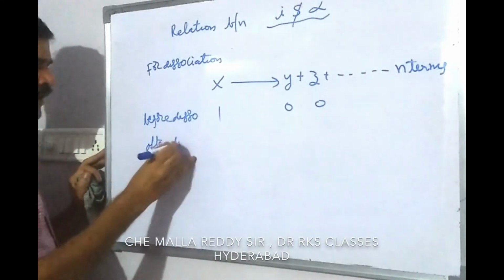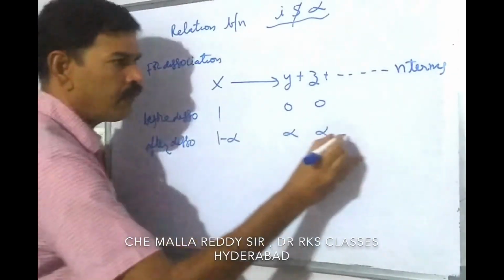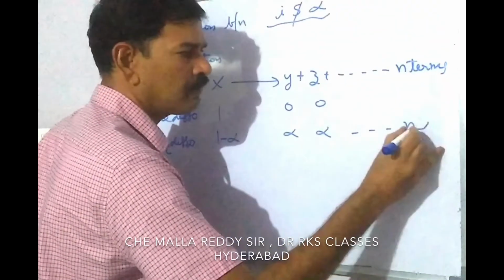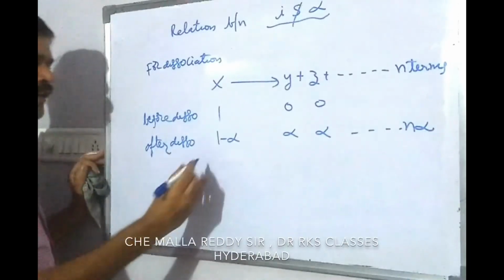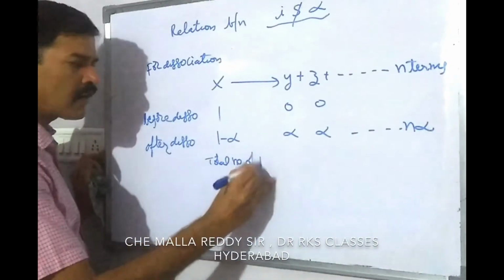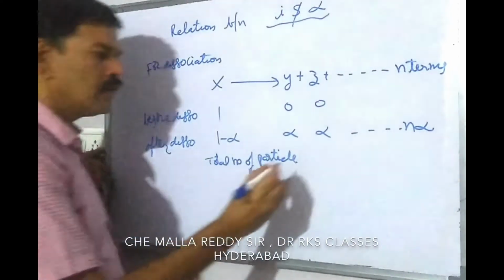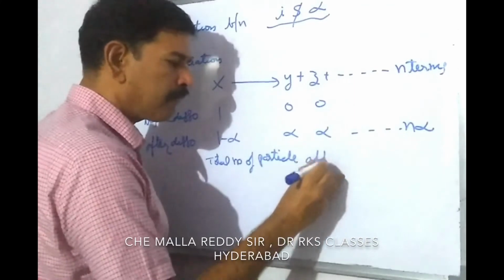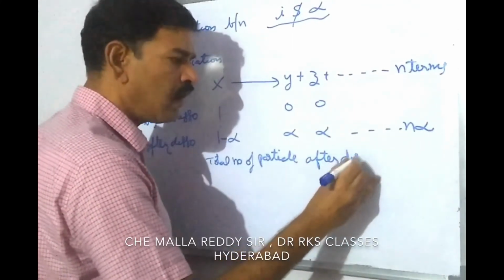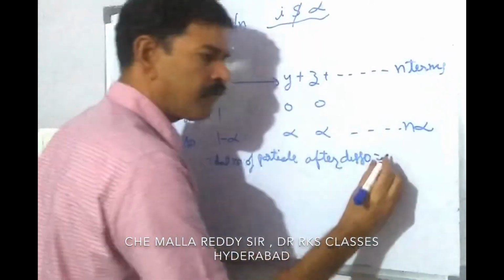After dissociation, here 1 minus alpha, here alpha, and so on, n alpha. Total number of particles after dissociation is 1 minus alpha plus n alpha.